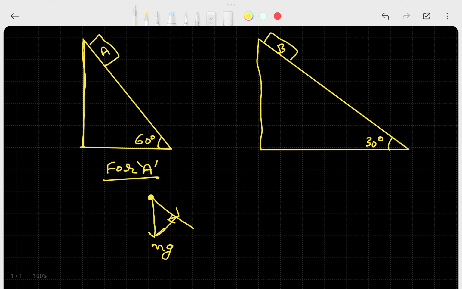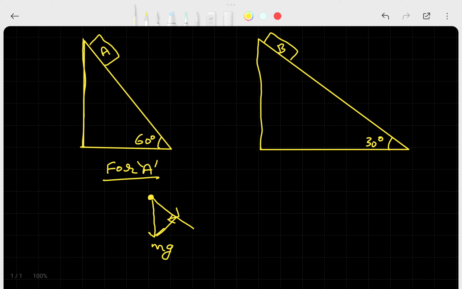Now see, while drawing projections also I have seen many students make mistakes, usually in board exams. In competitive exams there is no requirement of such care, but in board exams, see, this vector is very important.